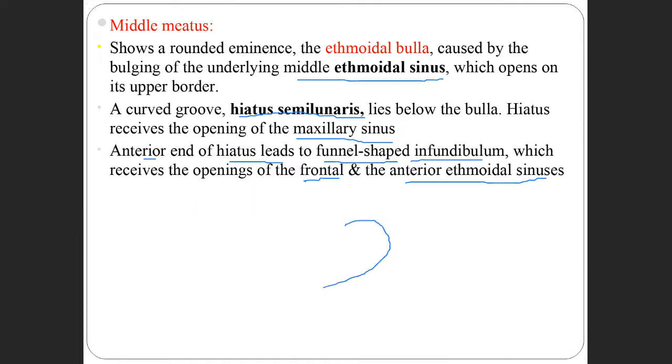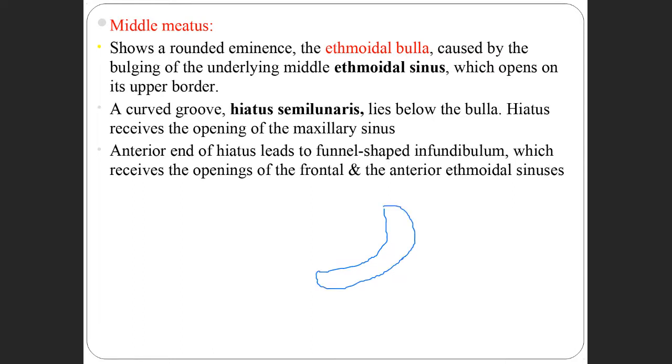So if this is the hiatus, it is like this. This anterior, upper part is called the infundibulum.